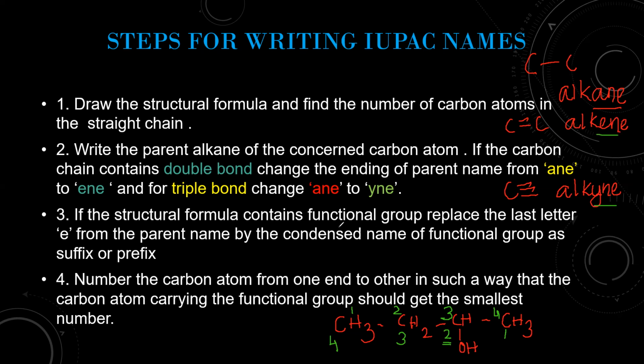We have already learned some functional groups in the table. According to that, we have to give prefix or suffix. And the next step is we have to number the carbon atoms from one end to another such that the carbon atom carrying the functional group should get the smallest number. These are the steps for writing IUPAC names.